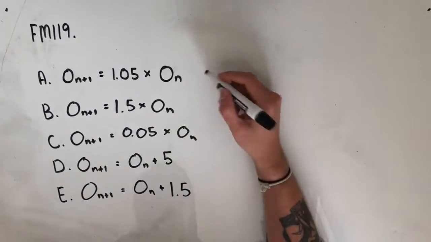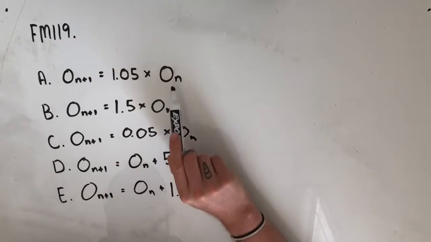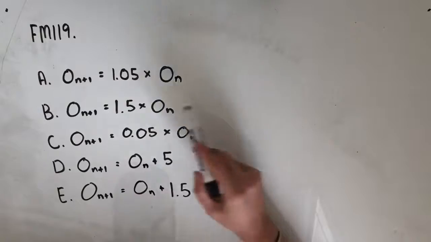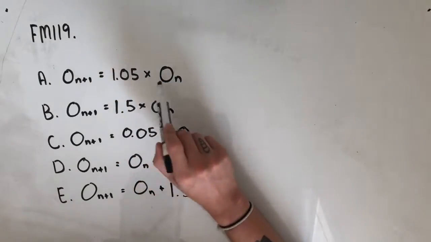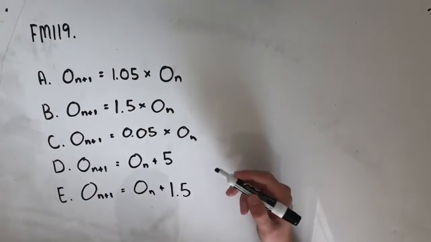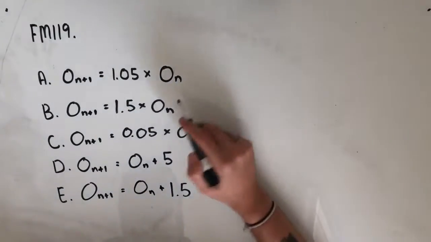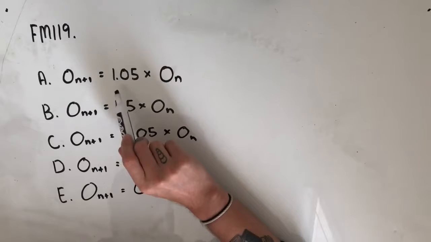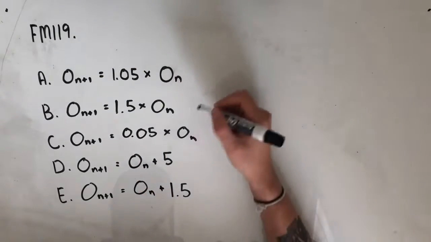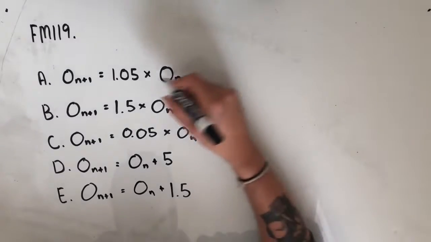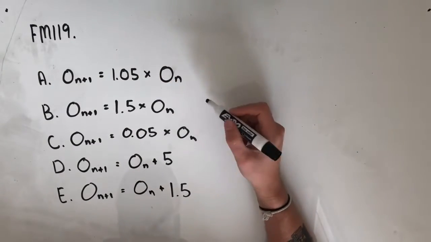So starting with A, going from one term in the sequence to the next term, we have 1.05 times one term takes us to the next term. Now, this is a good thing to start practicing, guys, getting familiar with what these numbers actually mean. When we multiply something by 1.05, what we're actually doing is increasing by 5%.